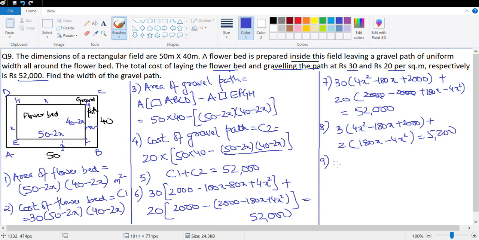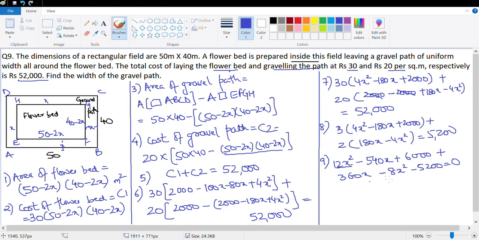So 3 into 4x squared, that's 12x squared, minus 180 into 3, that's 18 into 3, 54, that's minus 540x, plus 3 into 2, that's 6000, plus 2 into 180, that's 360x, minus 8x squared, minus 5200 is equal to 0.